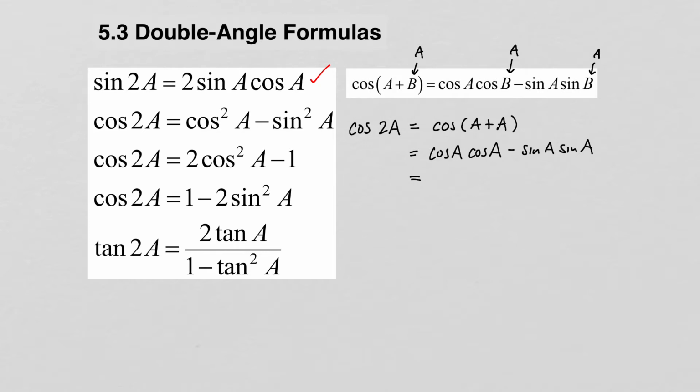And now we can rewrite this as cosine squared of A minus sine squared of A. And so notice that this is the first formula here.